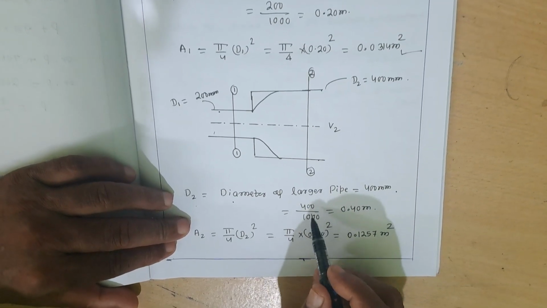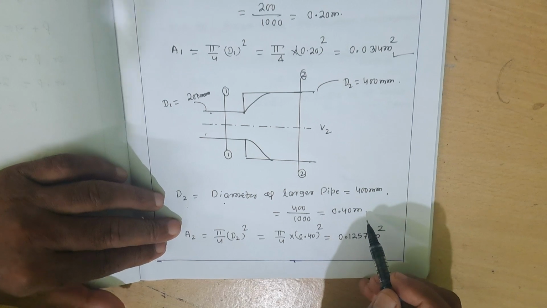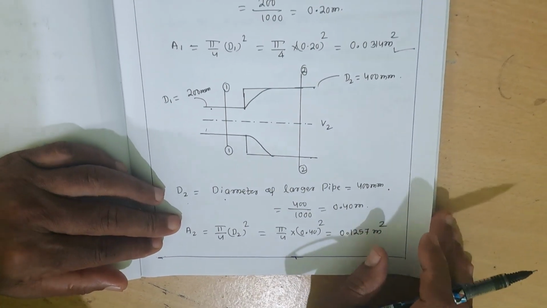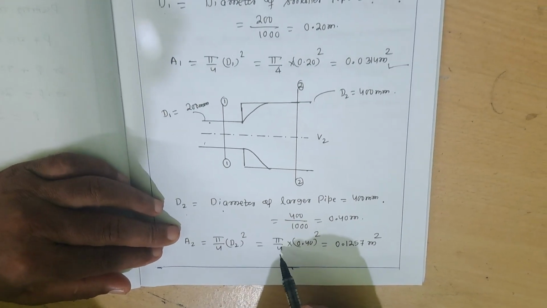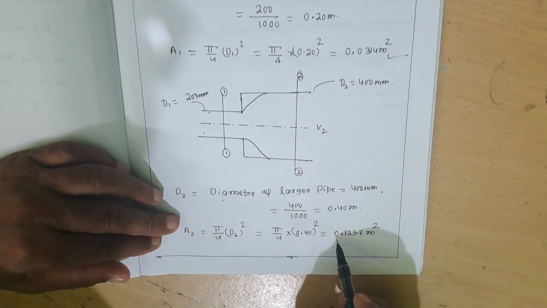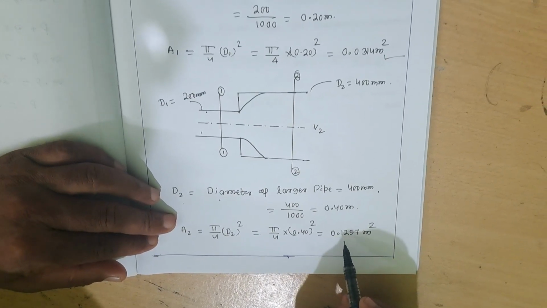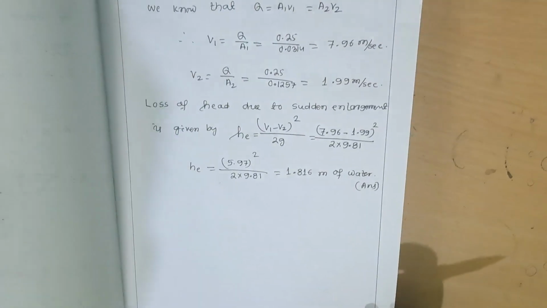Then D2, the diameter of the larger pipe, is equal to 400 mm, is equal to 400 divided by 1000, is equal to 0.4 meter. Then area A2 is equal to pi by 4 D2 square, is equal to pi by 4 into 0.4 square, is equal to 0.1257 meter square.